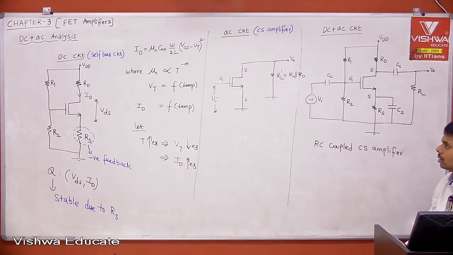I'll give you one more minute, try to complete in a minute, then I'll explain amplitude distortion. Okay, I explained about frequency distortion and phase distortion. Let me explain amplitude distortion.